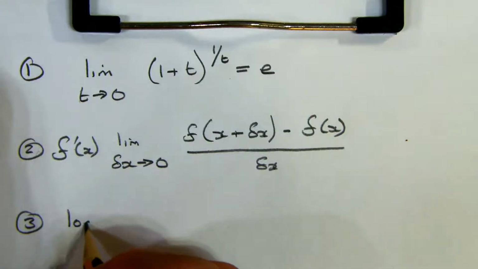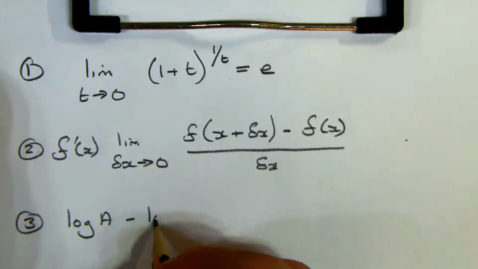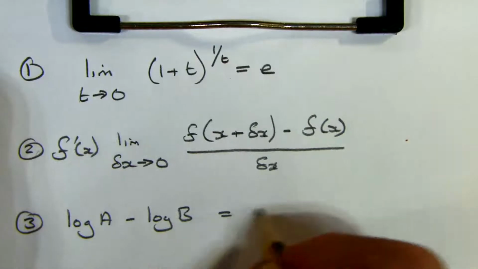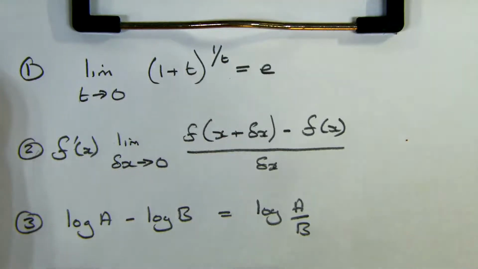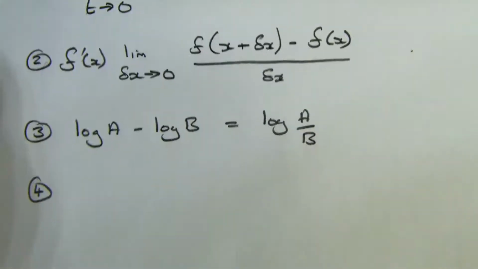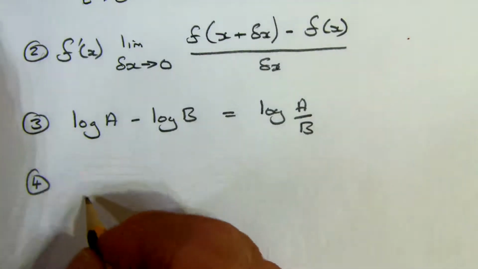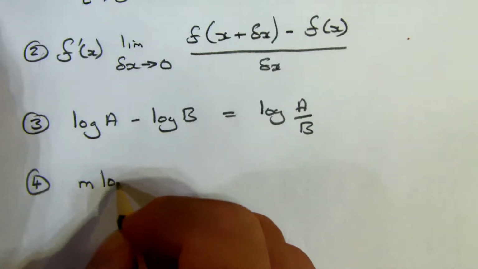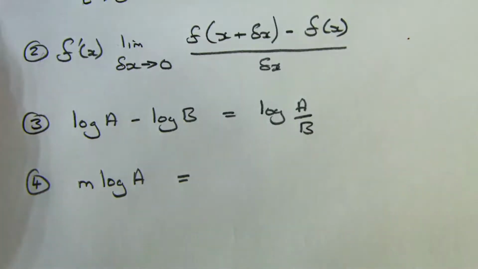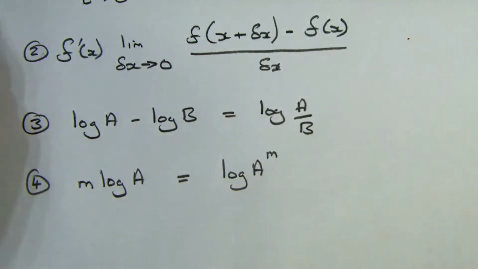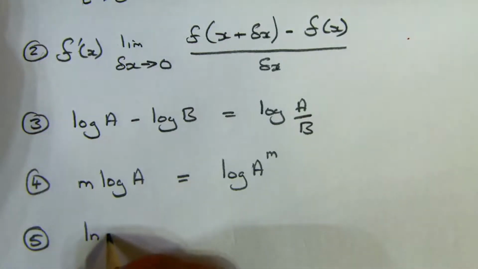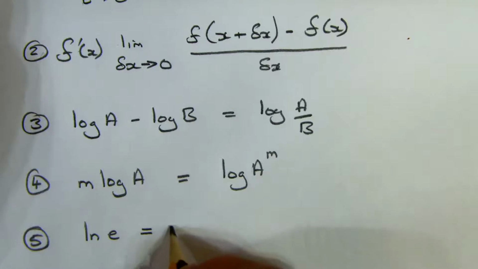And we need to know that the log of A minus the log of B can also be written as the log of A divided by B. The fourth thing I need to know is that if I have a log written as M log of A, I can write that in the form of log A to the power of M. And the fifth thing I need to know, that the log to the base e equals 1.